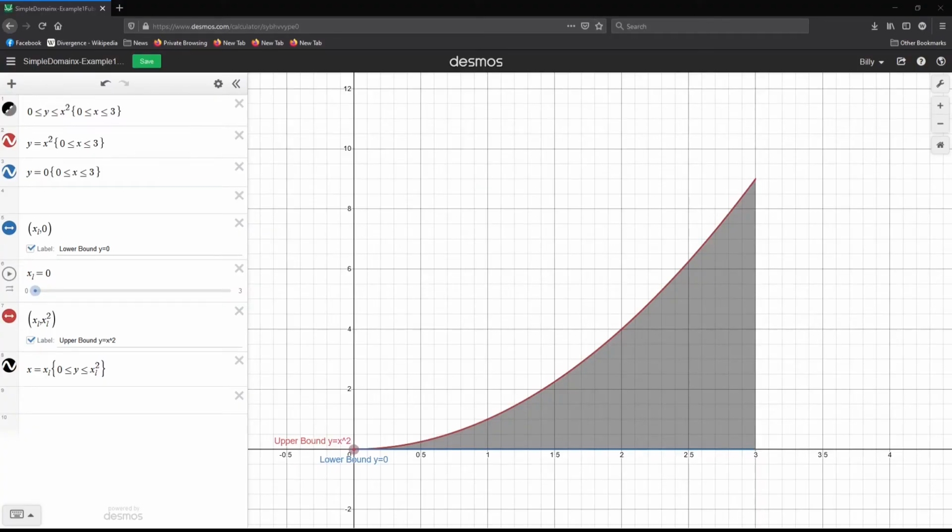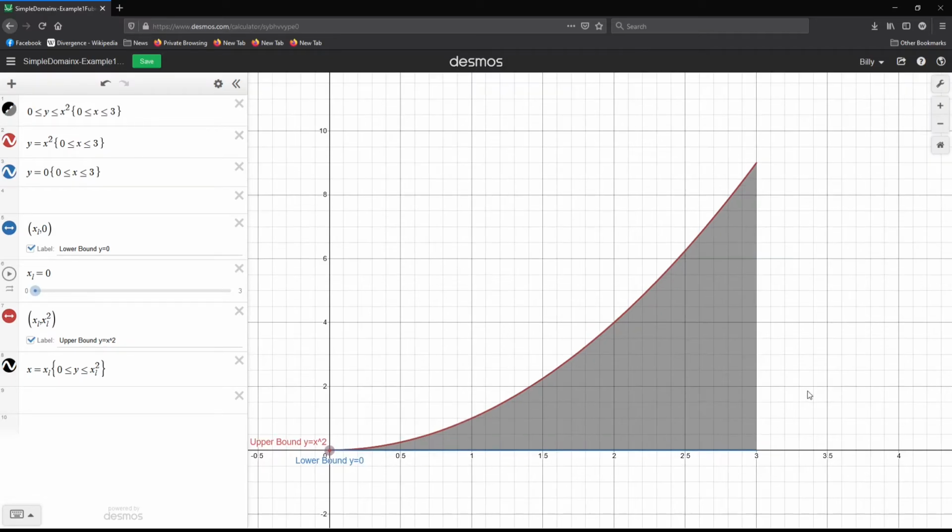And so here is the same region, but now I want to illustrate how our new bounds are also correct bounds in this reverse order of integration that we've switched the order. And again, you see here the curve y equals x squared, the line y equals 0, from x equals 0 to 3.